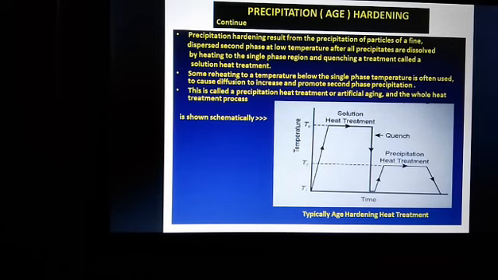Some reheating to a temperature below the single phase temperature is often used to cause diffusion to increase and promote second phase precipitation. This is called a precipitation heat treatment or artificial aging, and the whole heat treatment process is shown schematically here.